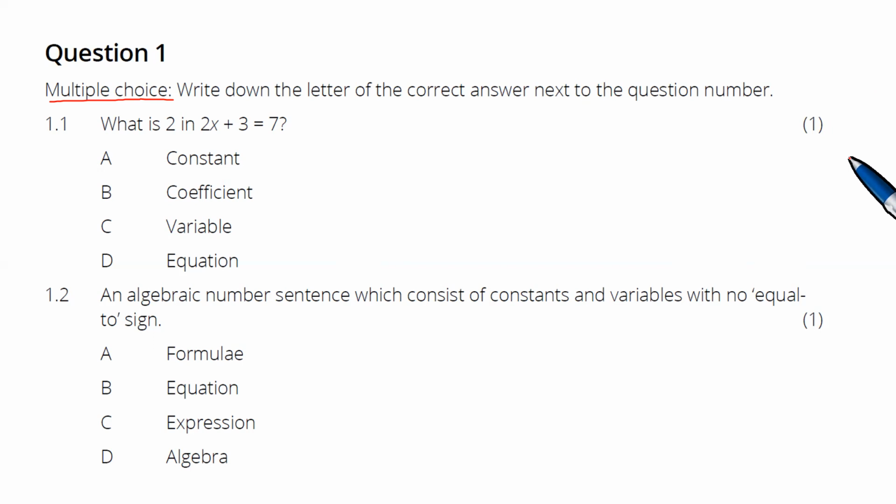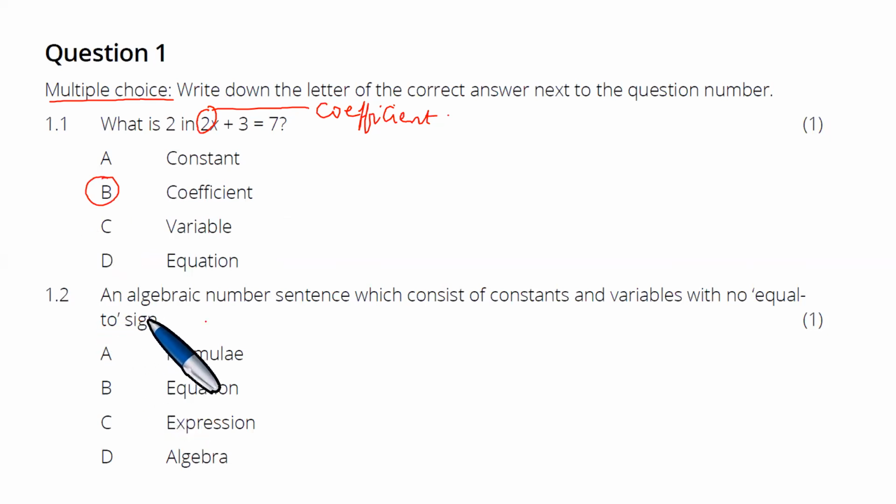A constant. Okay, here is the number 2. The number 2 is actually close to x. A number close to x is called the coefficient. I know you're still learning these things. It is called a coefficient. So the correct answer is B.